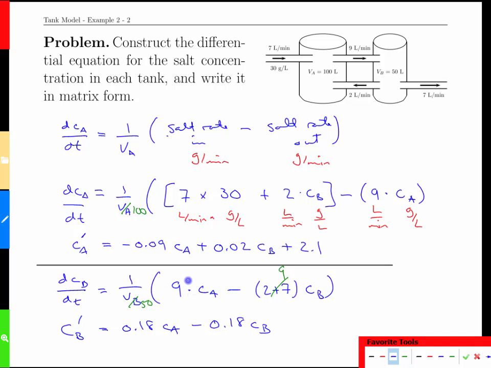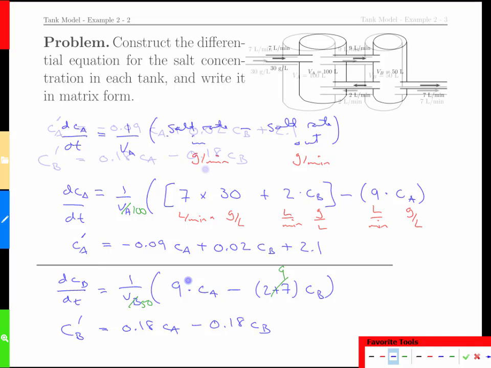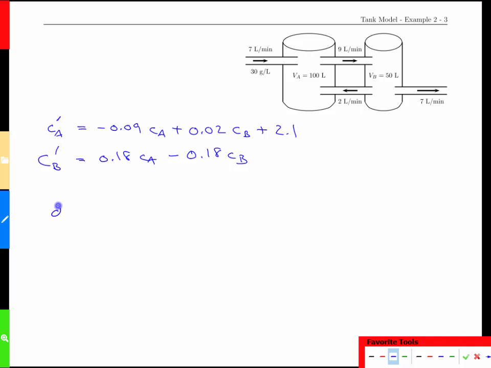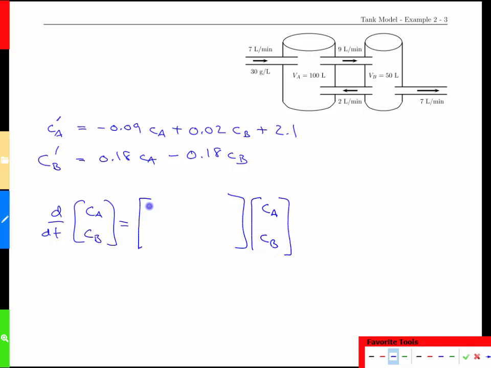We'll copy these to the next page and then be able to easily translate that into matrix notation. Here are those same expressions again. And to turn it into matrix notation, we simply create a vector of CA, CB, the unknowns, and ask what their derivative equals. That's exactly what we have here. And then we put a column vector with those same two variables in them and ask what the coefficients of those two values were. Well, we have CA times negative 0.09, we have CB times positive 0.02, and we also have a 2.1.